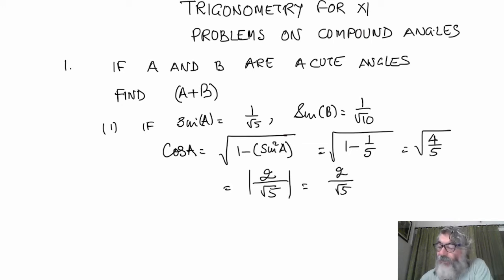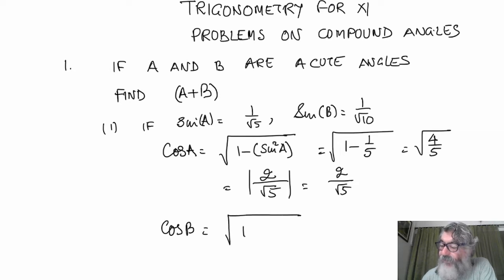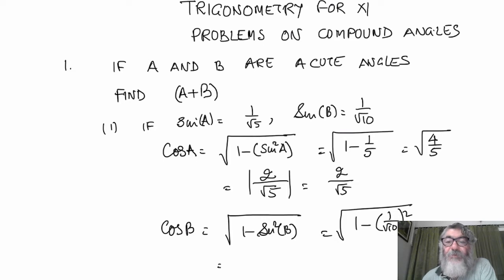Now similarly cos B will be under root 1 minus sine square B, and it will be 1 minus 1 upon root 10 whole square. That will become 1 minus 1 upon 10, which is 9 upon 10.